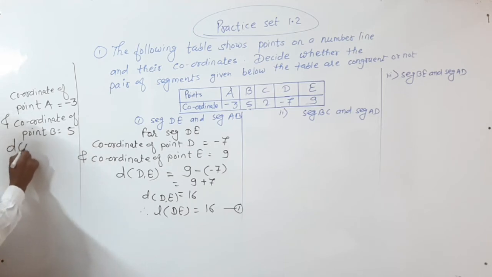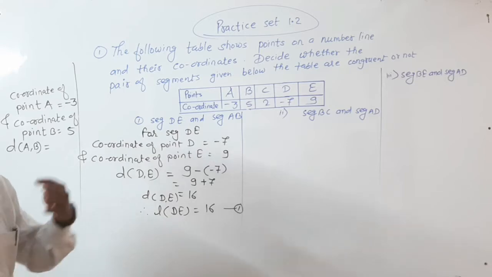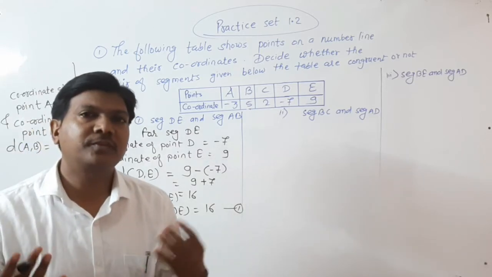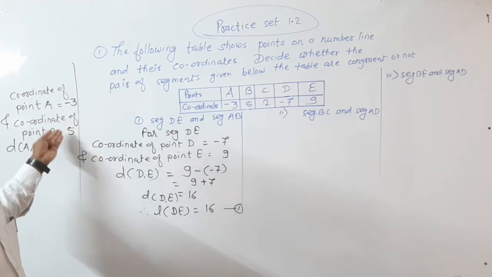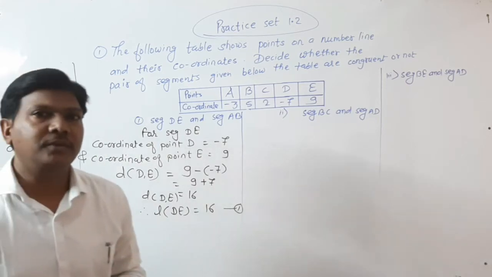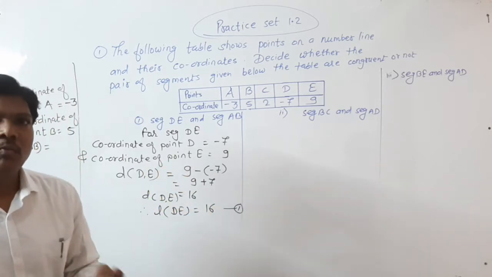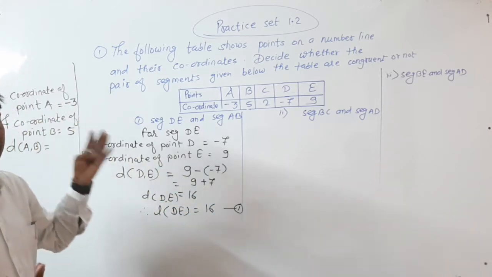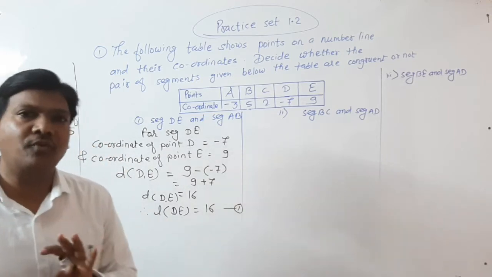Then tell me what is the distance between point A and B. Again see which coordinate is greater. B's coordinate is 5 and A's is -3, so it is clear that B's coordinate is greater, and this 5 is greater than -3. So again subtract this -3 from 5.